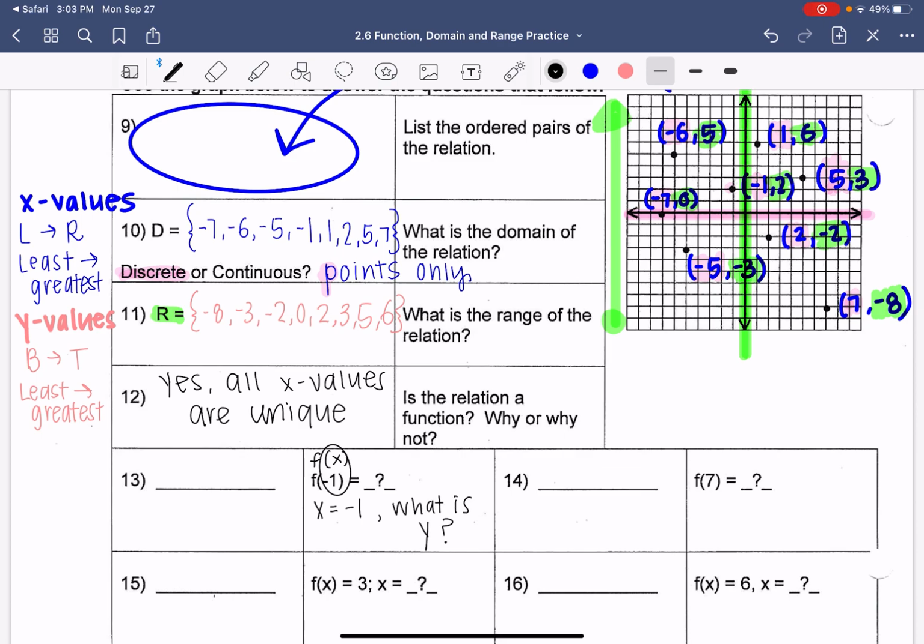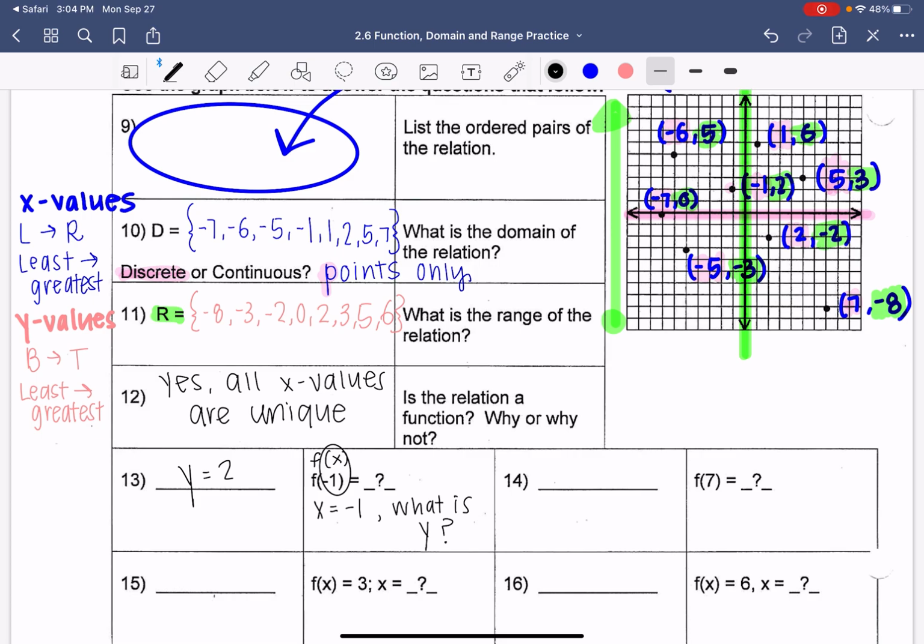So I'm going to look at my x-axis and I'm looking for a point that lies on -1 on the x-axis. So -1 on the x-axis is this one right here. So I'm looking at this line right here for a point. And there's a point right here. That's when x equals -1. Well, when x equals -1, our y value is 2. So y equals 2.